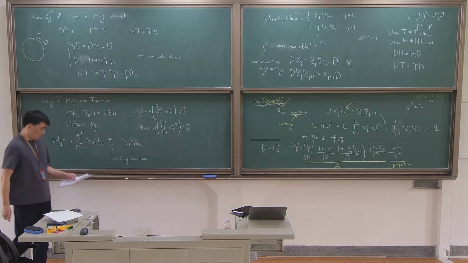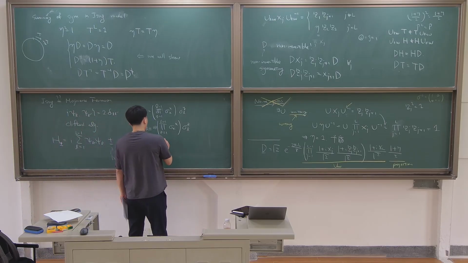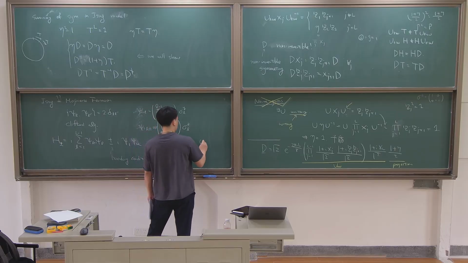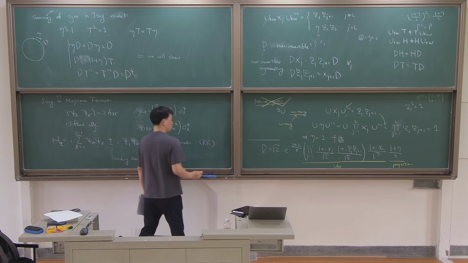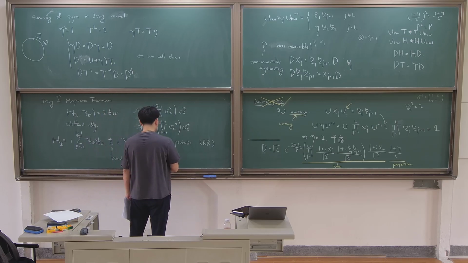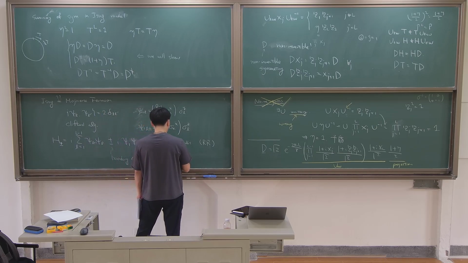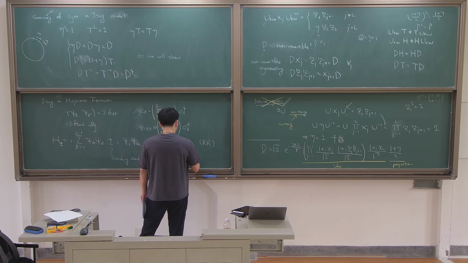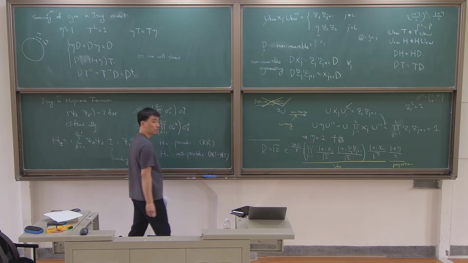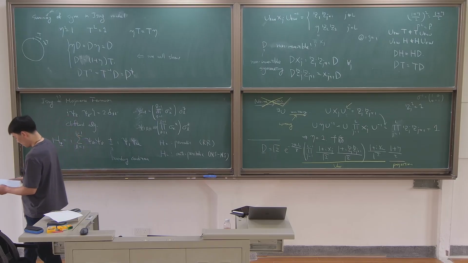H plus corresponds to the periodic boundary condition. In the fermionic language, it's called the Ramond boundary condition. H minus is the anti-periodic, the Neveu-Schwarz boundary condition in the fermionic language.